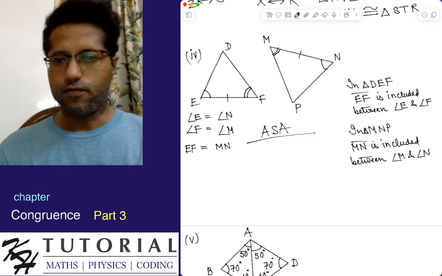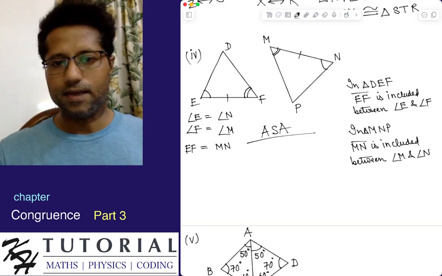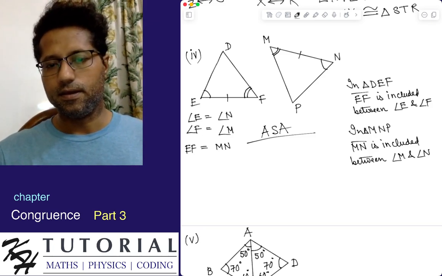Now, how do we find the correspondence of these two triangles?